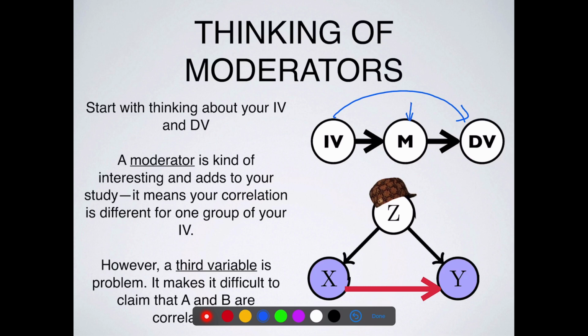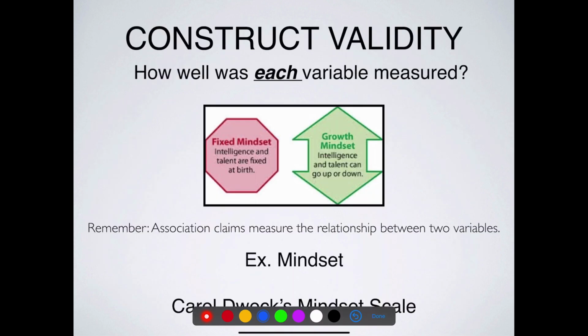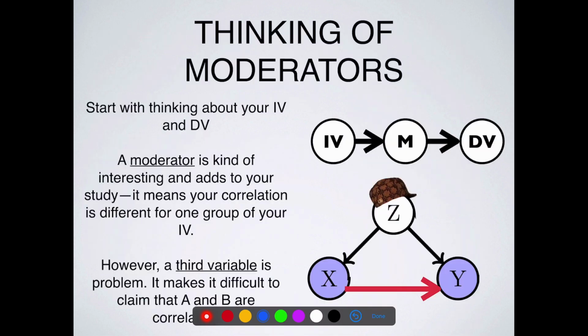So for example, you might be looking at caffeine and anxiety. And you might have thought ahead and thought, okay, well, maybe the sex of the participant may influence this relationship.